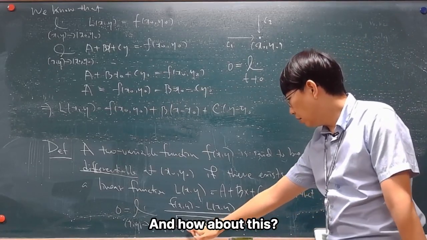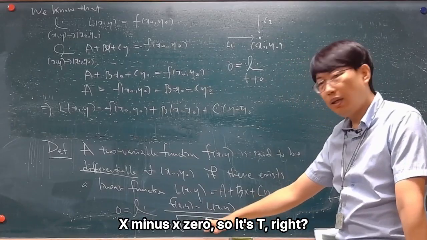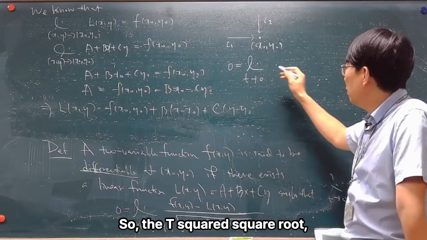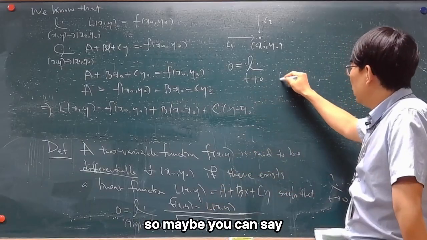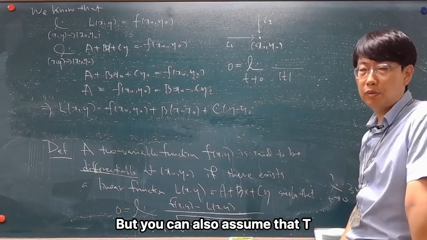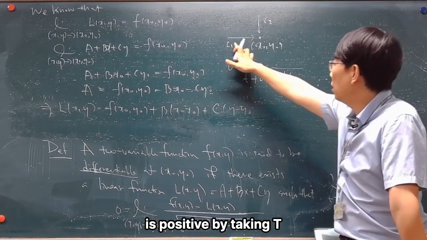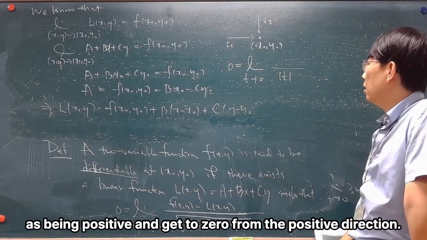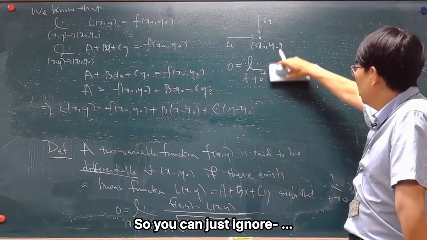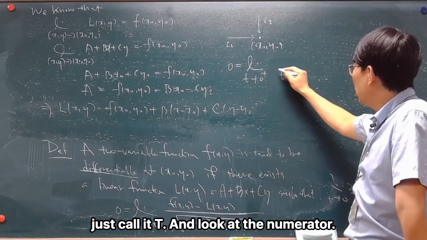And how about x minus x0? It's t, right? I'm just moving t away from x0. So the square root of t squared, maybe you can say absolute value of t if you want to. But you can also assume t is positive, getting to 0 from the positive direction, so you can just ignore the absolute value sign and call it t.